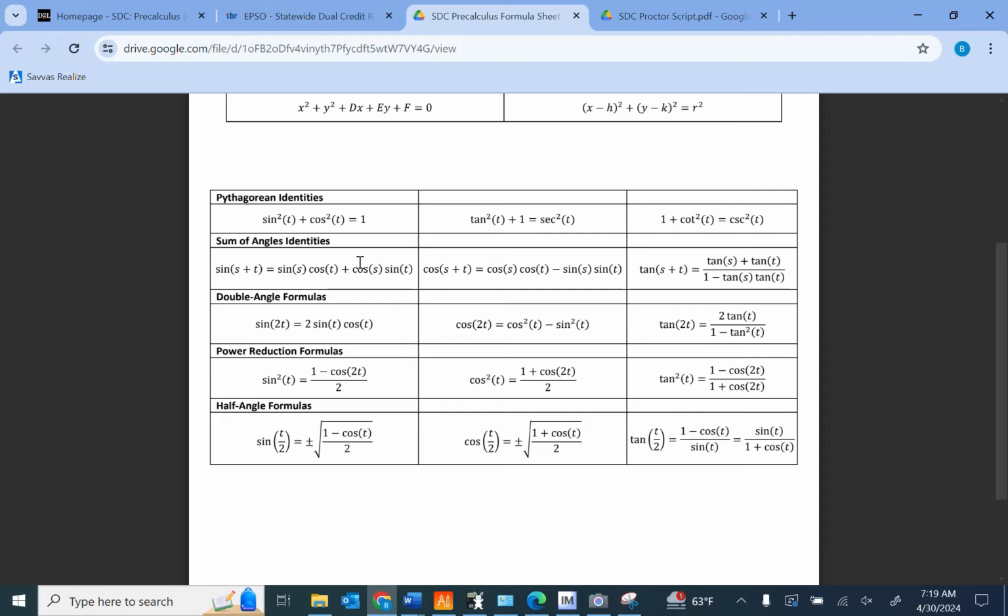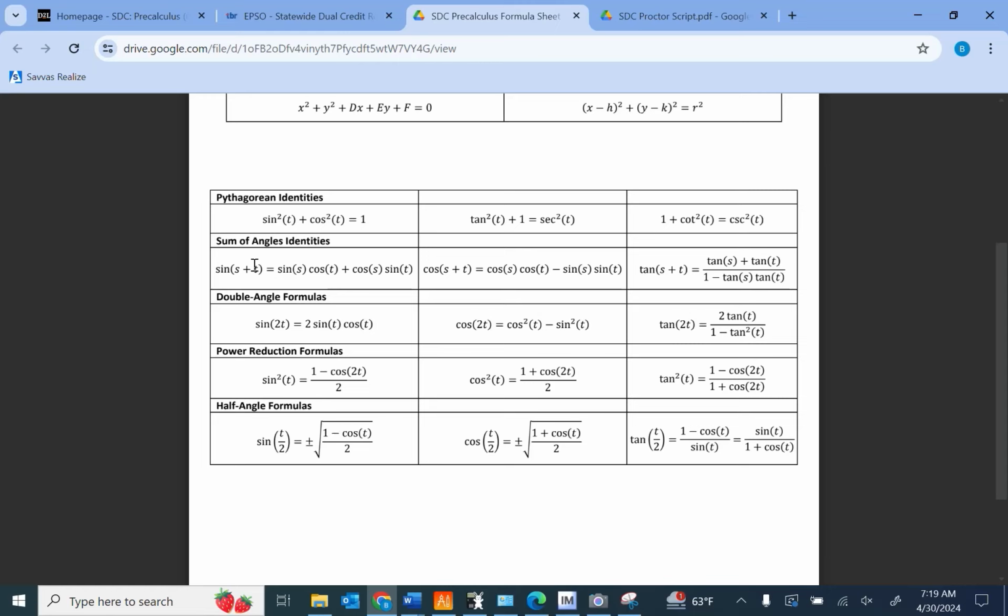So it looks like all I got to do is add these two things together. If I'm looking at my reference sheet, S is 2k and T is k, and it turns out this is just the sine of S plus T, which is going to be the sine of 2k plus k, which is the sine of 3k.